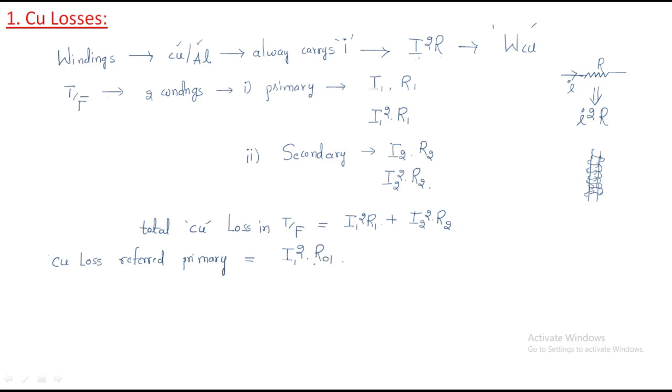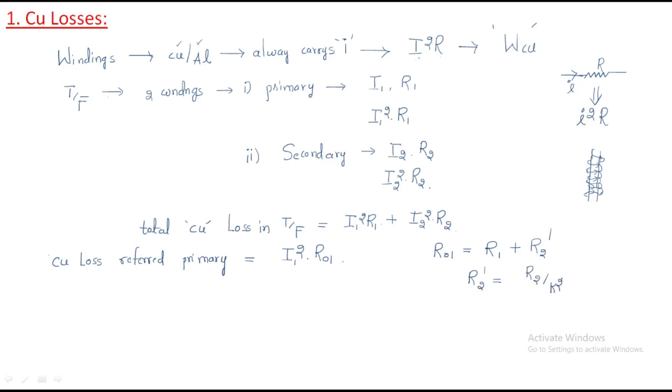R01 is the total resistance of the transformer, which is R1 plus R2 dash, where R2 dash is R2 by K square.